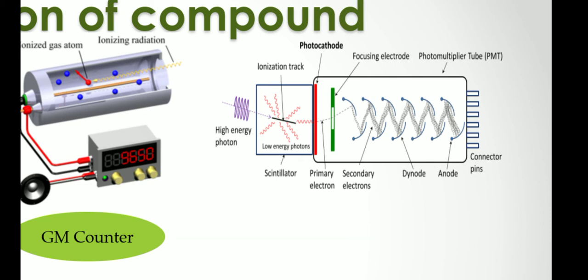The liquid scintillation counter is used for soft and easily absorbed radiation from compounds like hydrogen 3 labeled or carbon 14 labeled compounds. Soft compounds are using it.